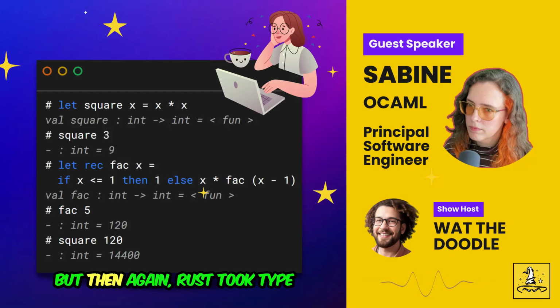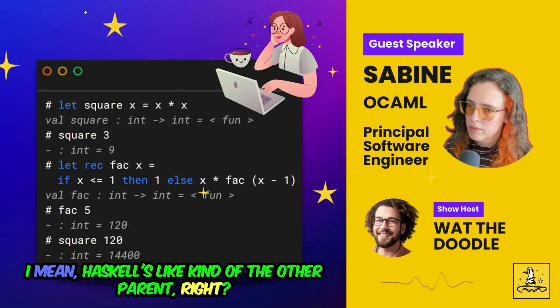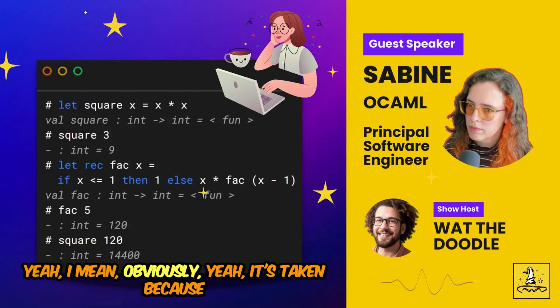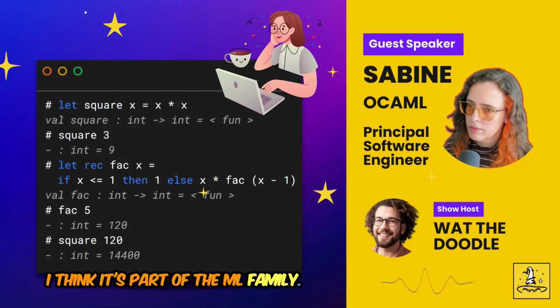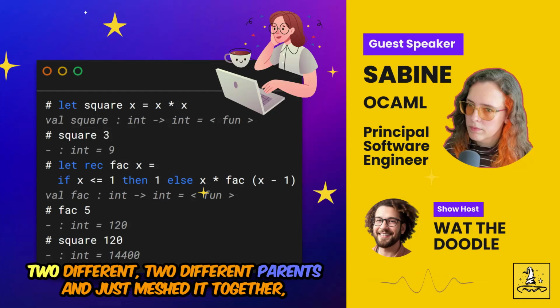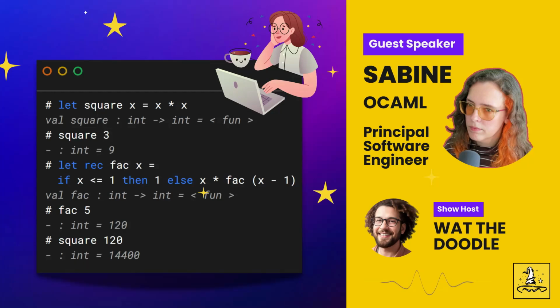But then again, Rust took type classes from Haskell, more or less. So Haskell's kind of the other parent, right? Yeah, it's a co-parent. I think it's part of the ML family, so it took from two different parents and just meshed it together.